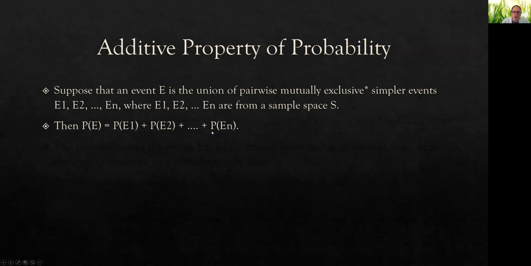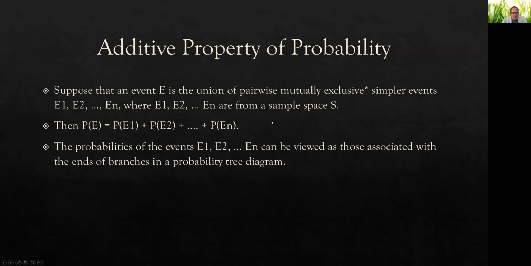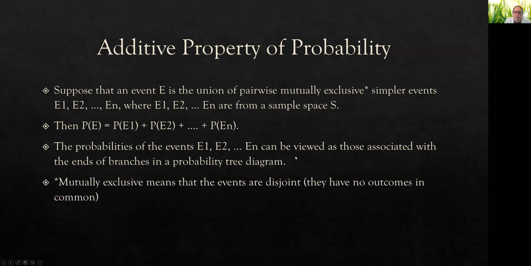Keep adding and so on until you get to the probability of event En. Right? And these probabilities can be viewed as the probabilities associated with the ends of the branches in a probability tree diagram. And mutually exclusive means that the events are disjoint, that they don't have any outcomes in common.